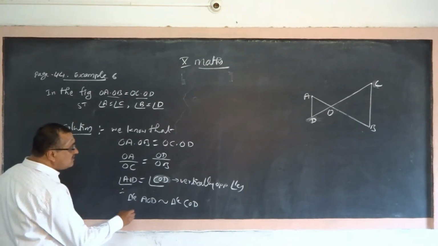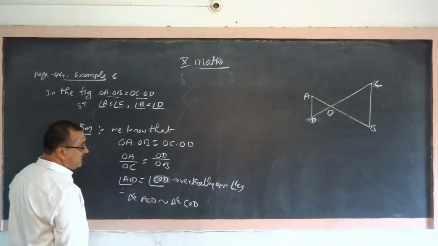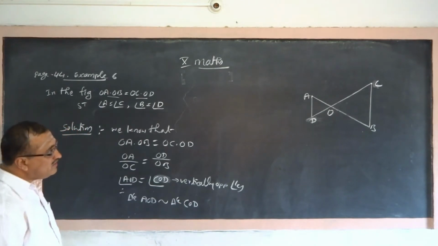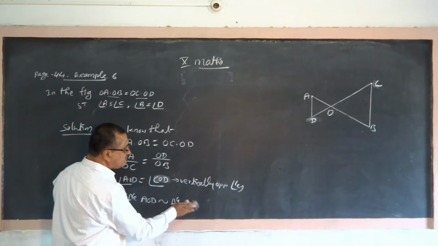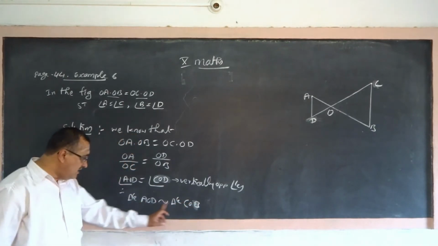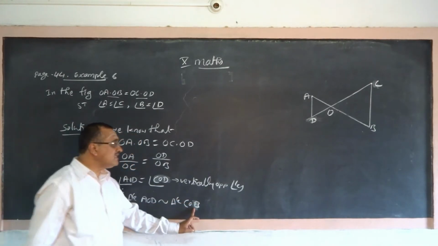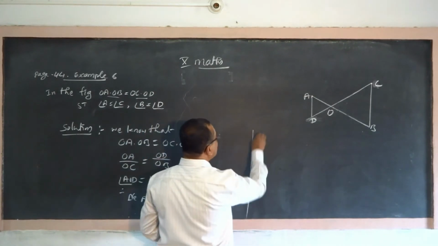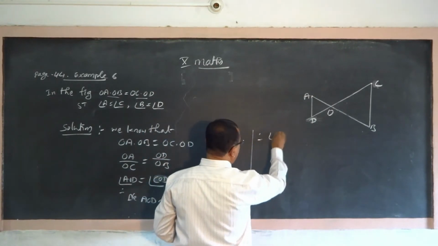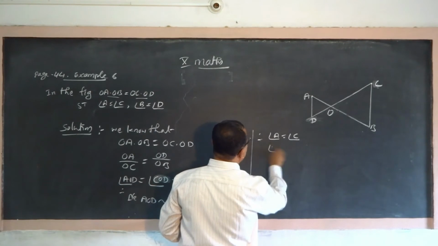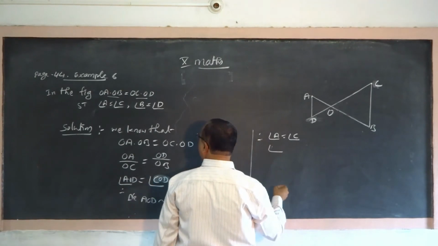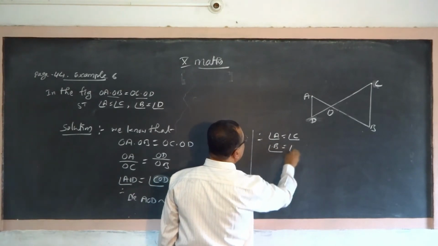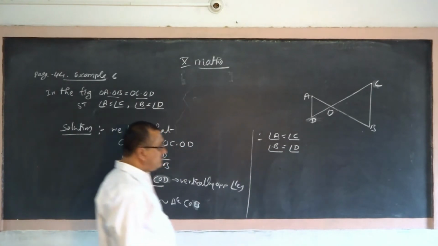So therefore angle A equals angle C, and angle B equals angle D, or angle D equals angle B.